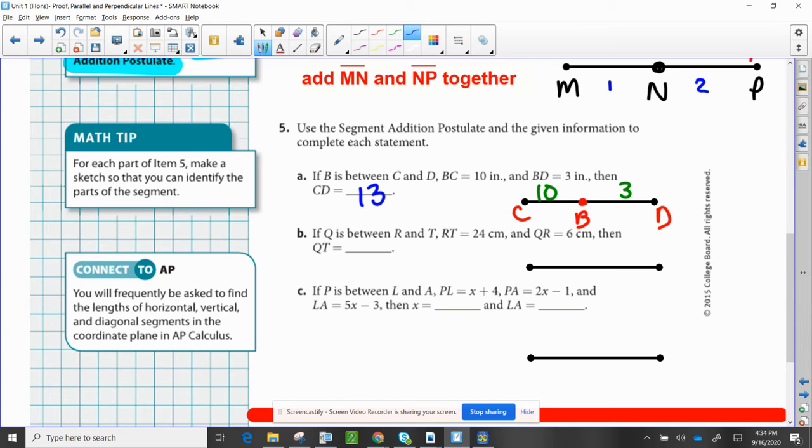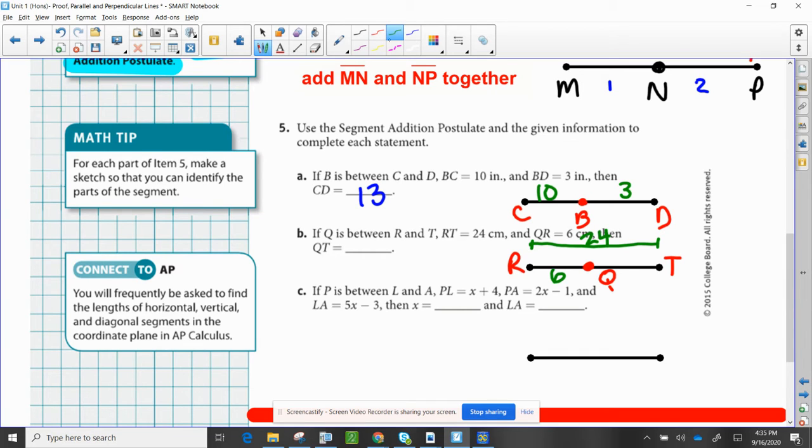So let's look at B then. We have Q lies between R and T. So let's label this. We have R and T with Q somewhere in between. They're telling you that RT is 24 centimeters. RT is our entire segment, so that is 24. And QR is 6.